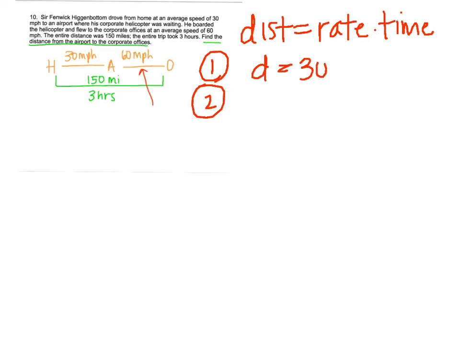The rate we know is 30, and the time we're also not sure of. Again, this is very similar to number 9. For the second part of the trip, for distance, we're not sure of that, but we know it has to be 150 minus the distance from part 1. It's going to equal our rate, which is 60 miles per hour. And our time in this case will be 3 minus the time it took for part 1. So we'll put that as 3 minus t.